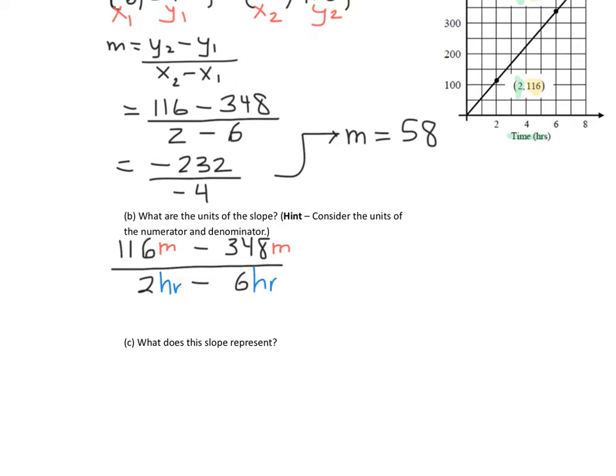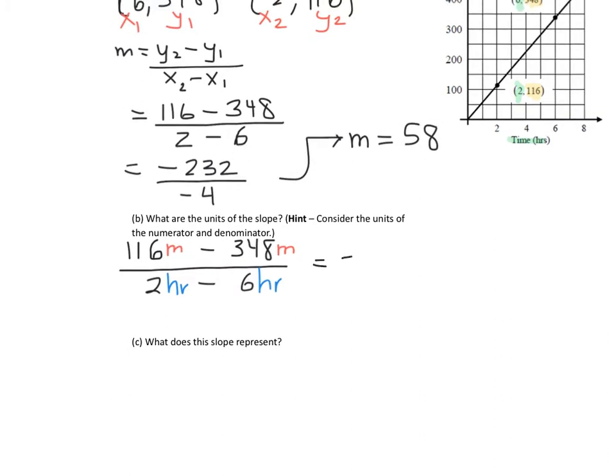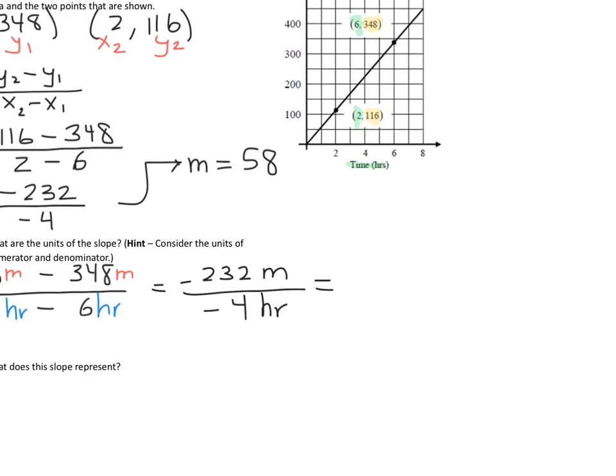So when I got my answers, when I did the subtraction, we got negative 232 divided by negative 4. So that negative 232 was actually negative 232 meters. And the negative 4 was actually a measurement in hours. So when we get our final answer of positive 58, it is actually 58 meters per hour.